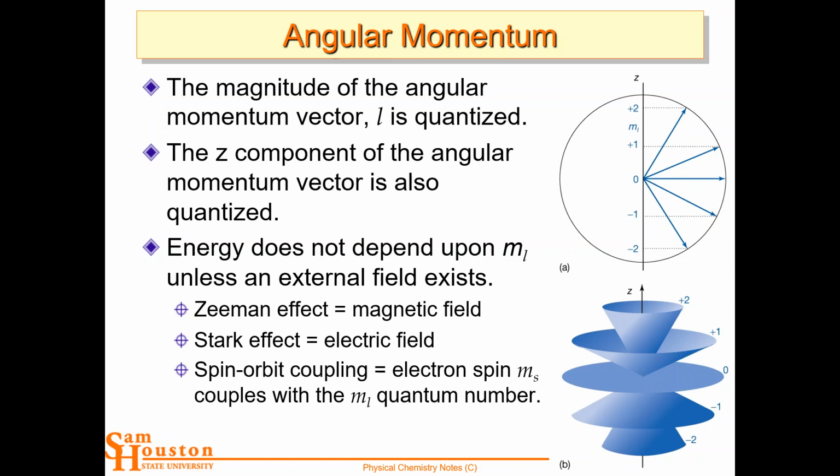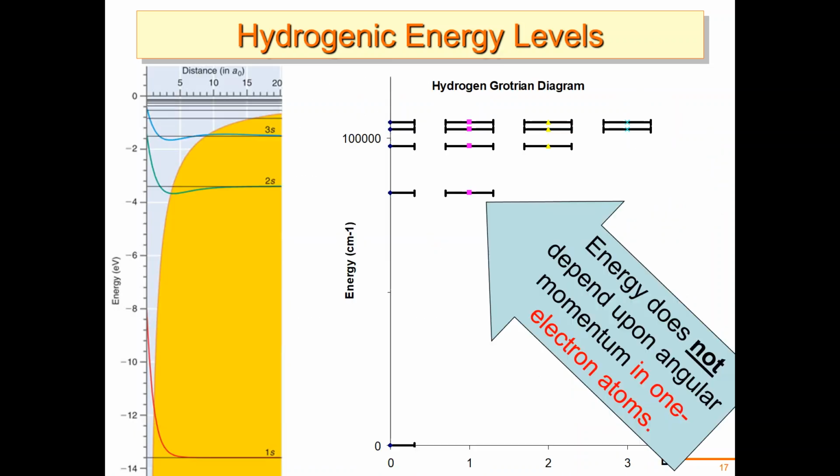The spin of the electron interacts with the projection quantum number m sub L, and you get these tiny little splits. And that's what we're doing with the term symbols. So we'll wade into it knee deep, and we'll be able to understand spin-orbit coupling.